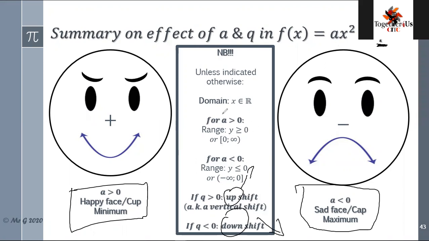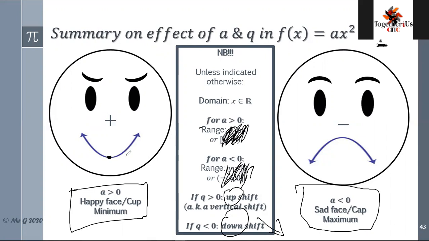Now, for the range, of course, this will not be true anymore, okay? Because we have to consider now the value of Q. So for the range, if you are happy, this will just depend on the value of Q, as I said.